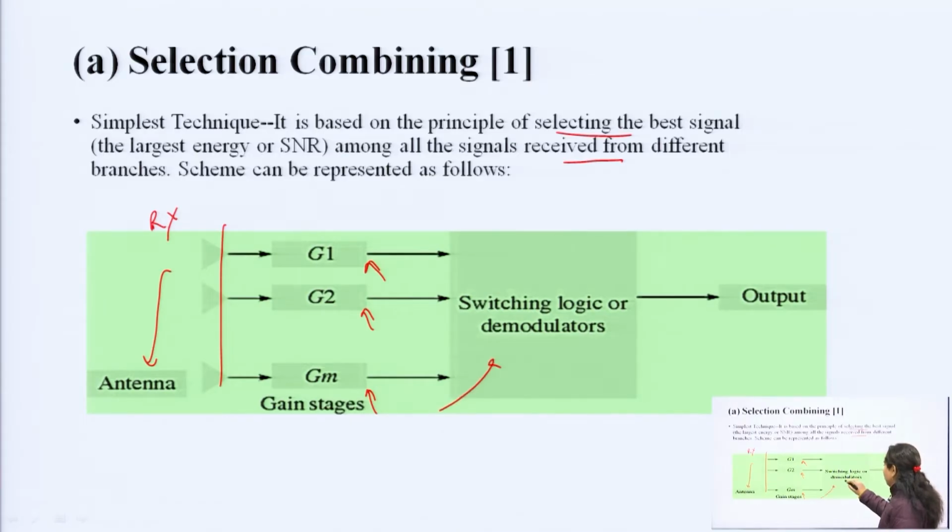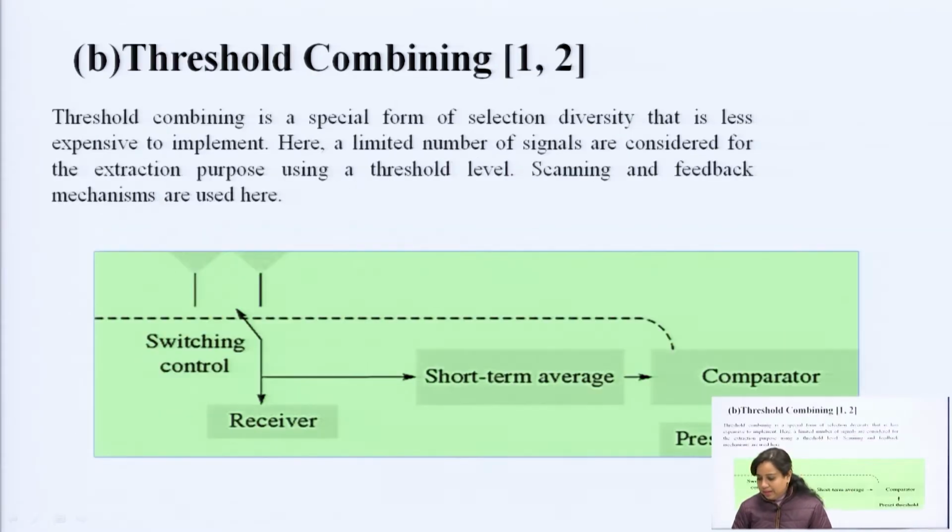Then there is switching logic or demodulators, which means it will check the different signals that are passed through different gains, because the value of G1, G2 up to Gm, let us say 4 different gains, the value of all the 4 signals will be different. Then there is switching logic or demodulators, and finally, we are going to receive a particular output. So, this is the selection combining technique.